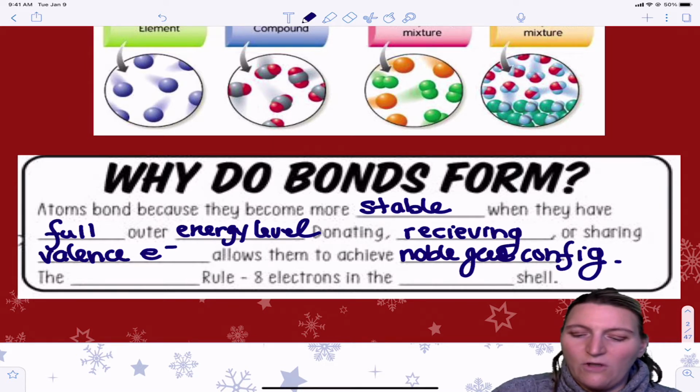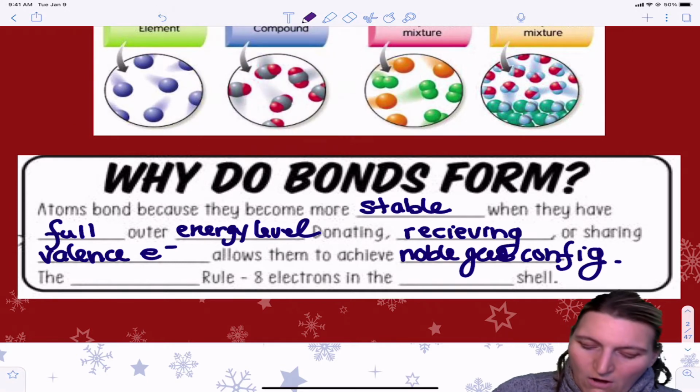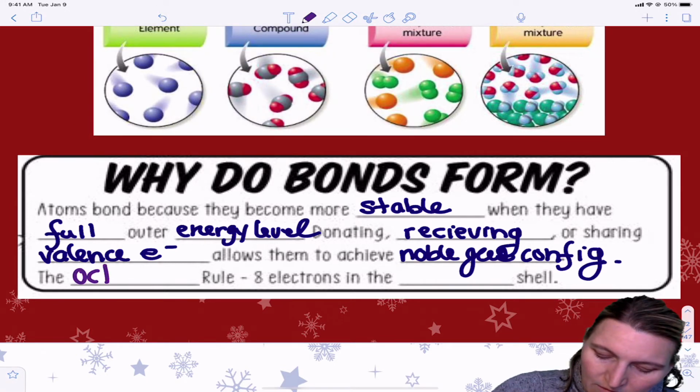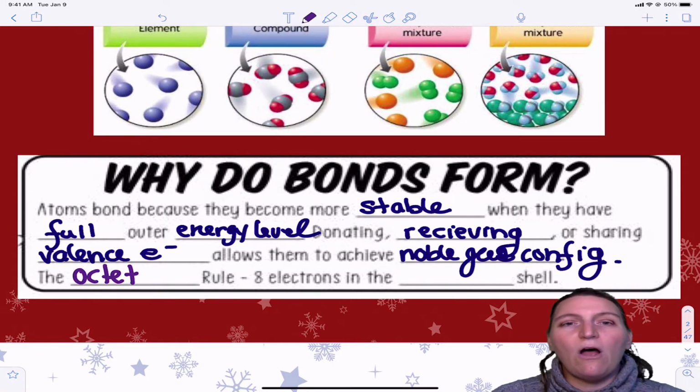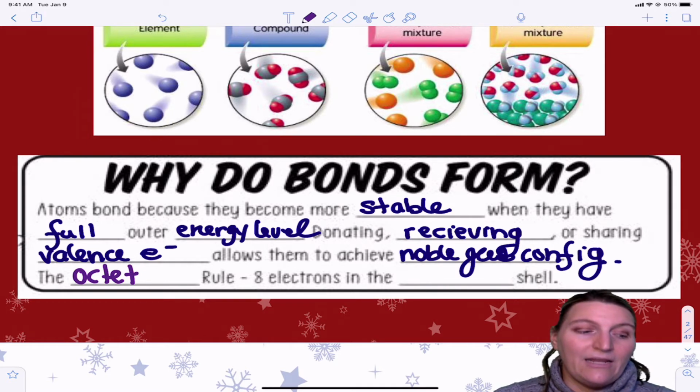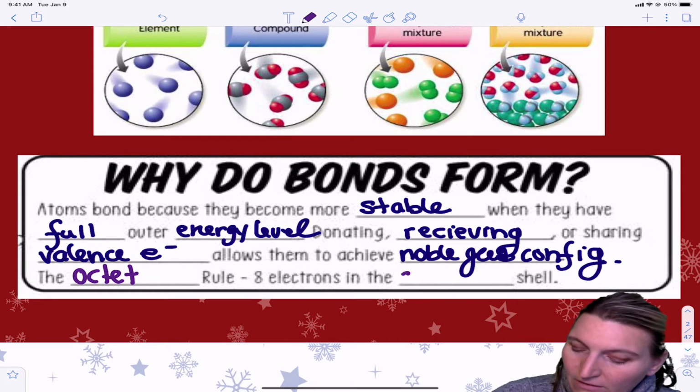This is called the Octet Rule. The Octet Rule states that atoms will try to achieve 8 electrons in the outermost energy level, or the outermost shell.